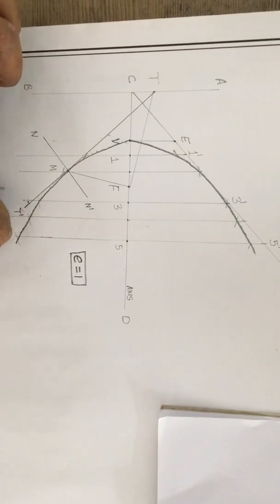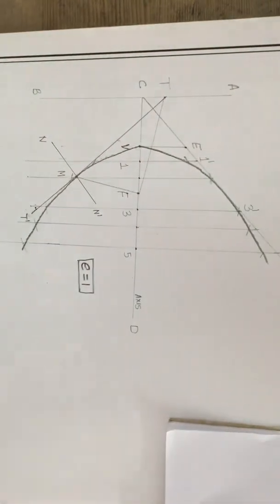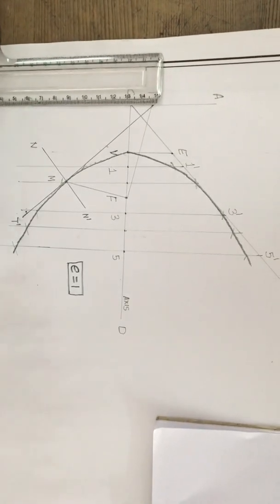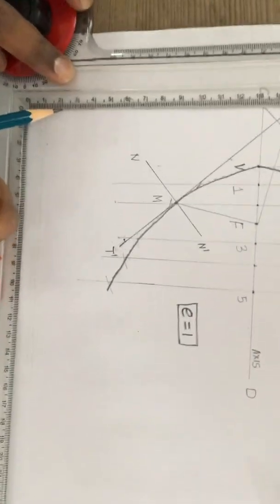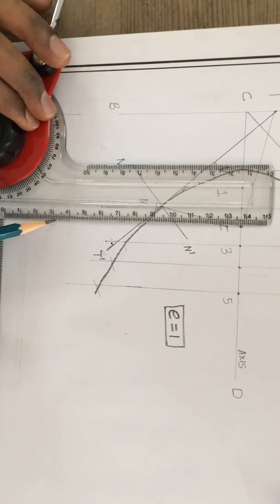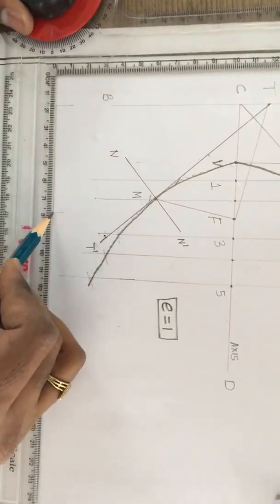and do not forget to write the construction of the parabola and furnish all the details, like what is also given in the question, the distance from the directrix to the focus, the dimension. So we are supposed to work out the dimensions also, dear students. So from F to F, these are the projector lines. In between you are supposed to draw the dimension line.